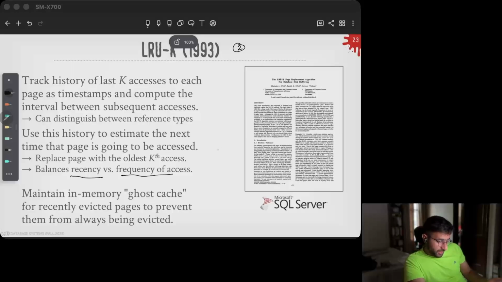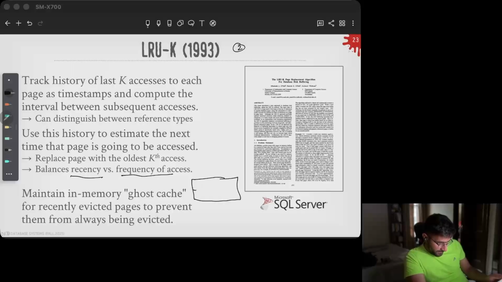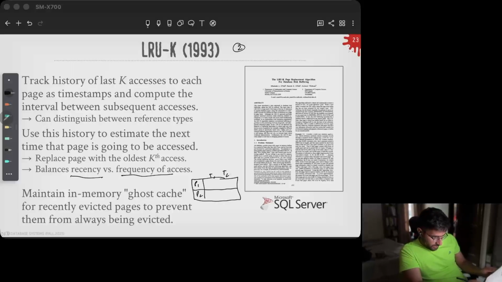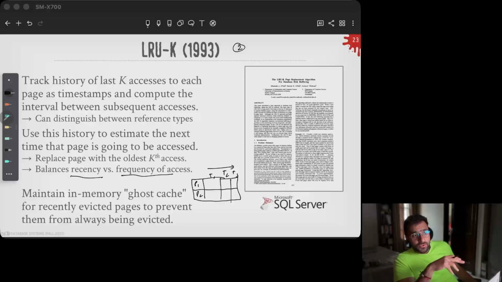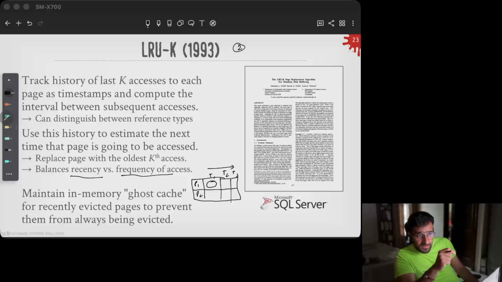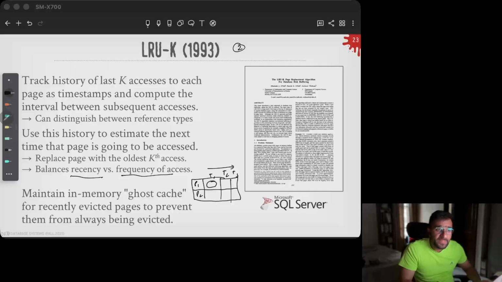So let's think about it in two dimensions. Here, page 1, page 2, T1, T2, T3. Individually, these columns tell me how many times the page was accessed, and the data points give me some estimate of when the page was accessed. So LRU-K tries to achieve what LFU and LRU could not do alone.